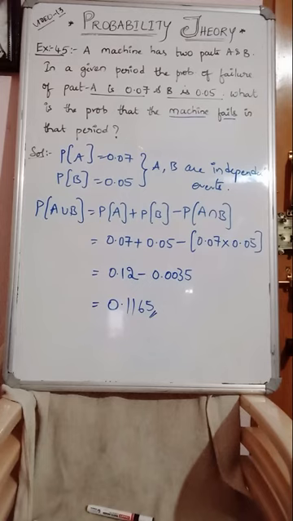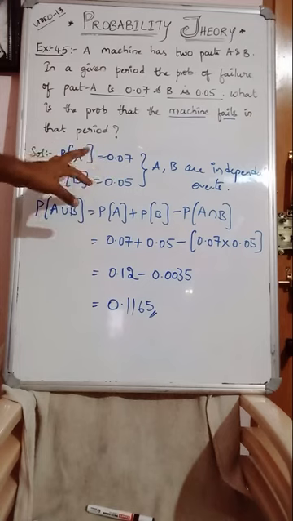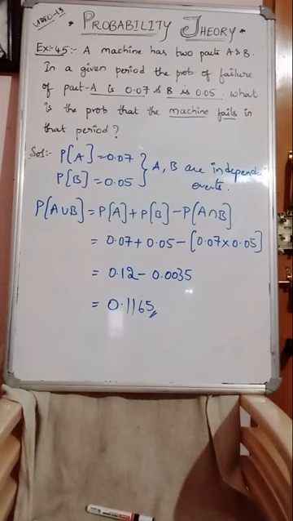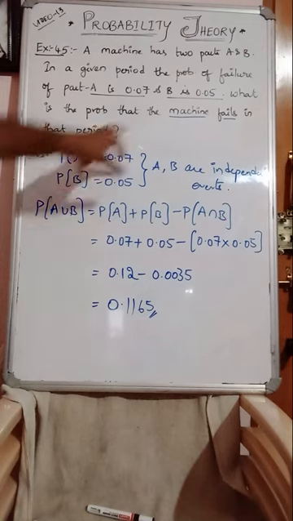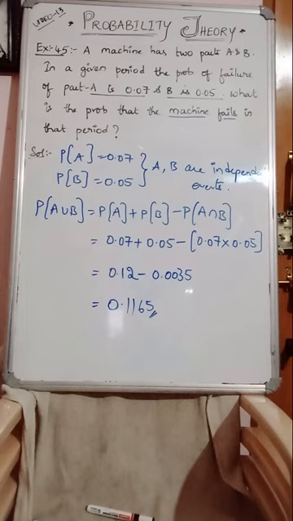You got it? So this is the solution. Both probabilities are given, 0.07 and 0.05. As you all know, A and B fail independently, therefore A and B are independent events. Then the machine failing is asked. Machine fails means it may be A or B or both A and B. Therefore it is definitely non-exclusive.